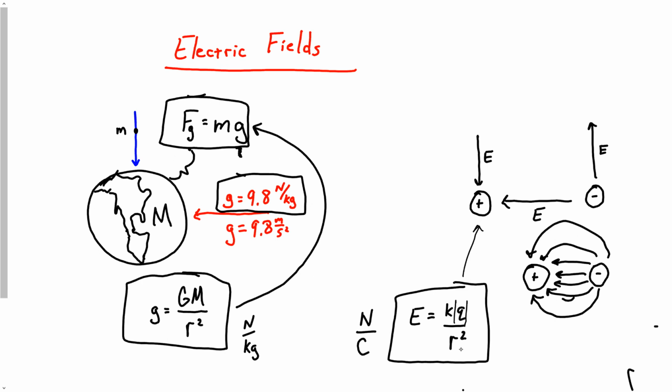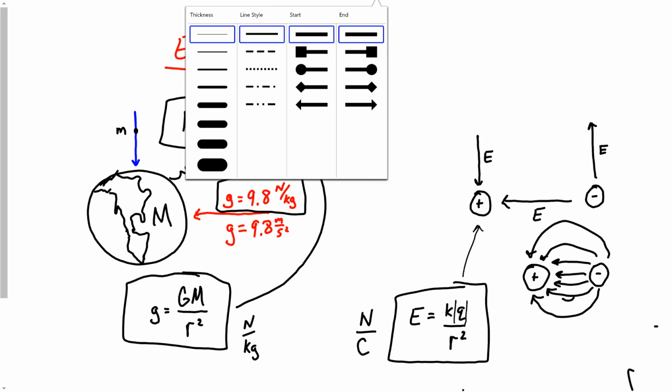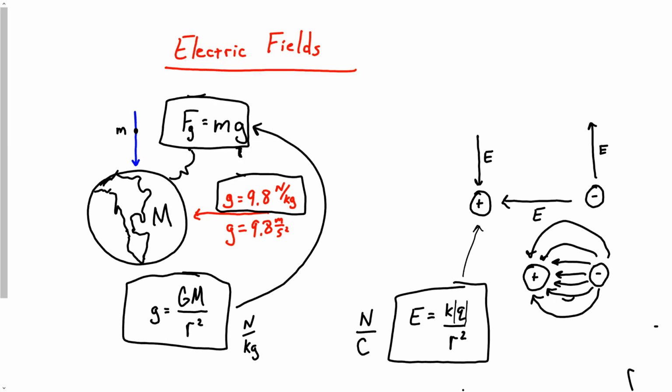So here's what's cool. You give me a radius from any charge and you give me that charge, I can plug in and tell you the electric field. Let's go back to the one we were looking at a second ago. I can go back to this point and tell you the actual electric field at this point, r away from there.